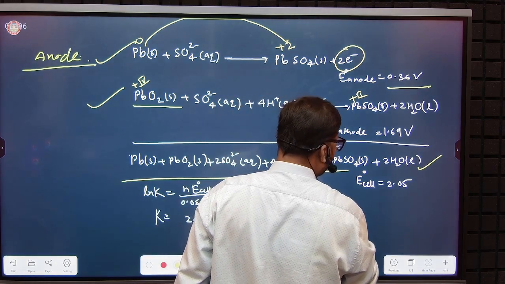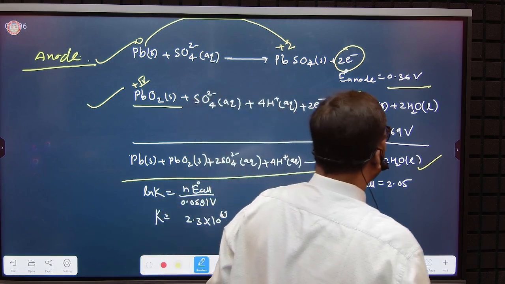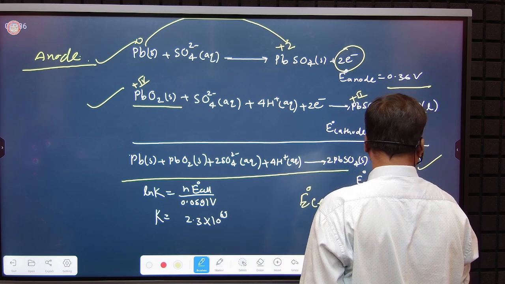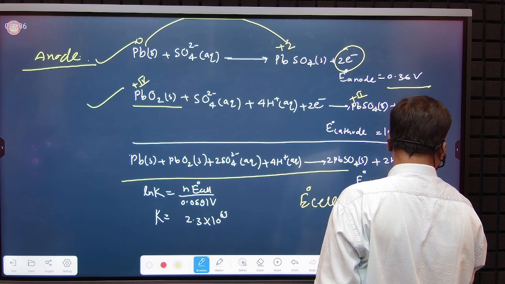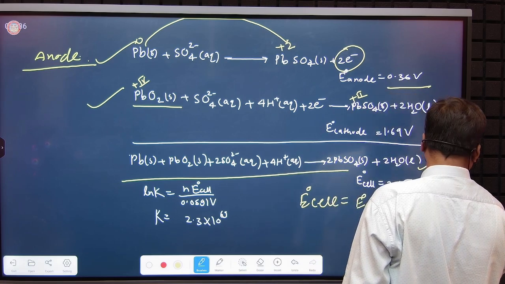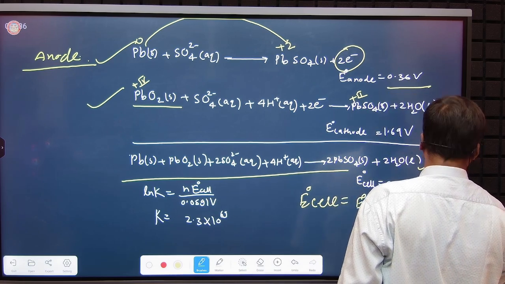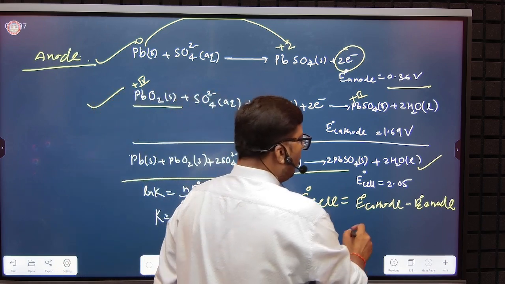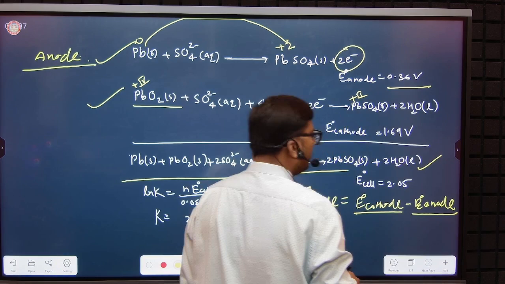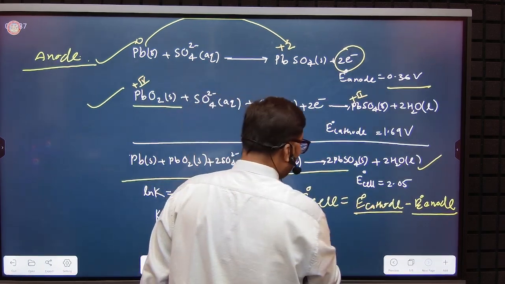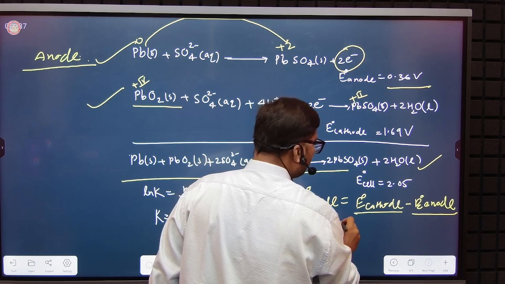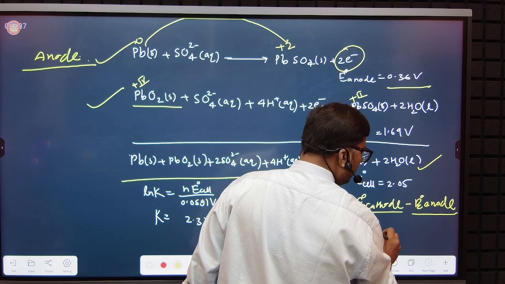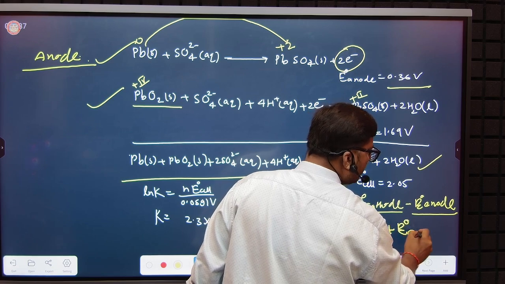And the overall cell potential for this electrochemical setup is E0 cell, that is E0 cathode minus E0 anode, right? Here in both cases this is the standard reduction potential, but in another way E0 cell is E0 red plus E0 ox.